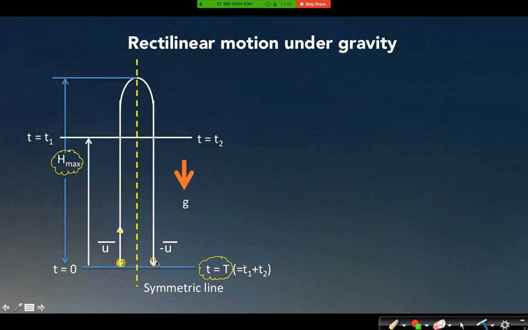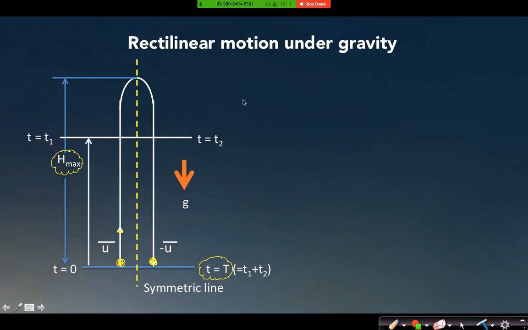I have shown this horizontal displacement to clearly show this picture. Otherwise you can say that these two points actually are the same point, right? They will converge. So the particle will move along a straight line and come back along the same straight line. That is why I say it is a rectilinear motion, right?